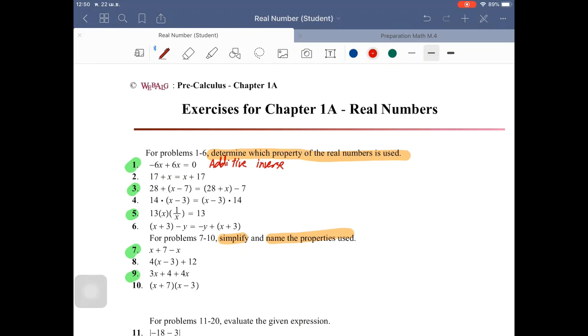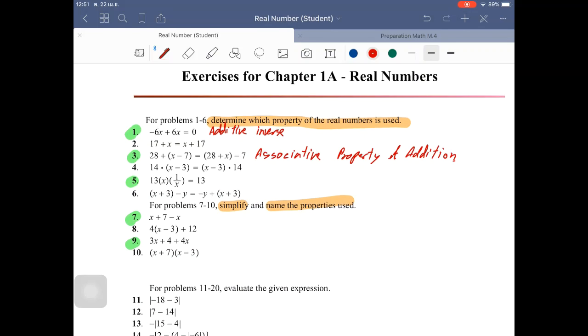The second one, question 3, you see what is the property? Associative property of addition. In the case of addition, you see it changes the bracket, how to group the numbers.